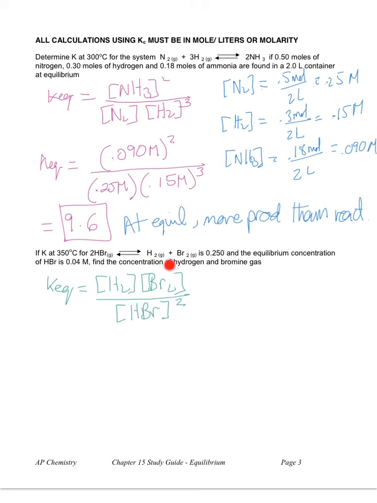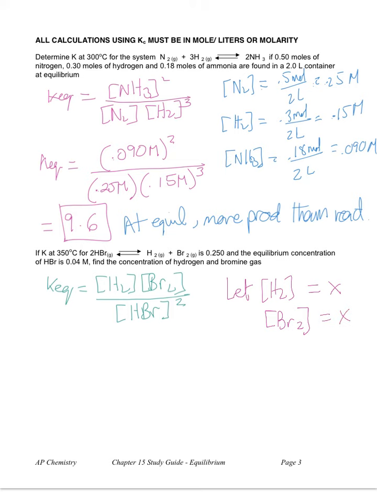Whenever you are trying to solve for concentrations or something like that and you don't know what they are, just say let them be equal to x. So I'm going to say let the concentration of H2 equal x. That means the concentration of Br2 is also going to be x because they're a 1-to-1.